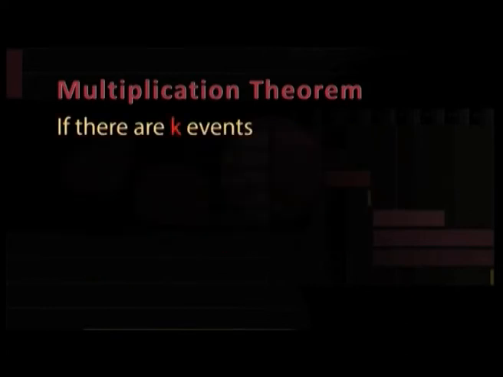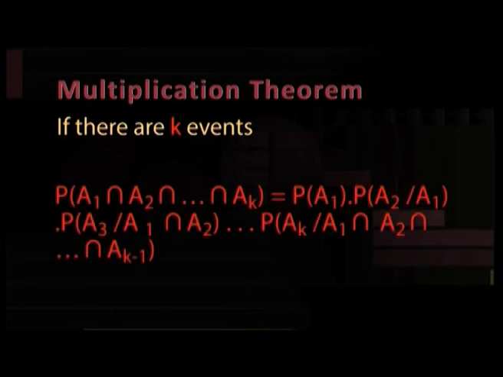Similarly, if there are k events, then probability of A1 intersection A2 intersection so on up till intersection of AK is equal to probability of A1 multiplied by probability of A2 given A1 into probability of A3 given A1 intersection A2, so on up till probability of AK given A1 intersection A2 intersection up till intersection of AK minus 1.